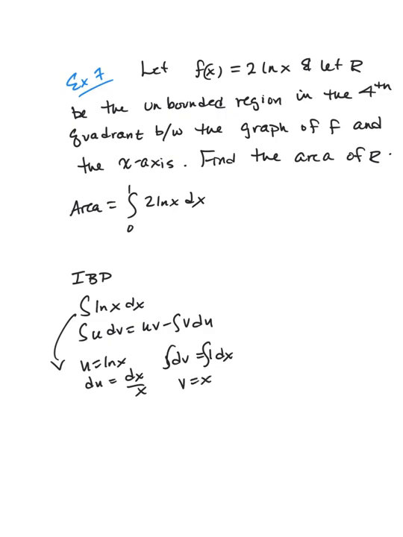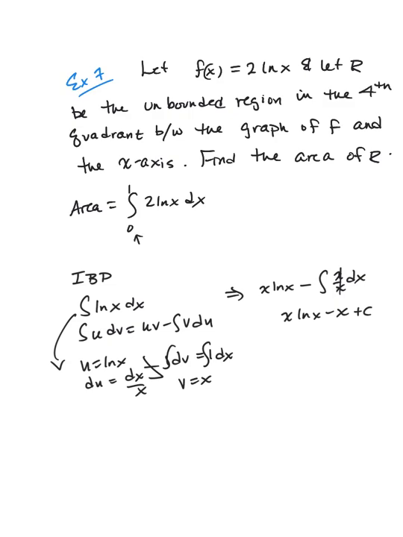So you get v equals x. Lucky number 7. So what does this give you? We end up getting u times v, so that's x ln x, minus the integral of v du. v du, you have x over x dx, so that cancels, so you just get x ln x minus x. Plus c, of course.